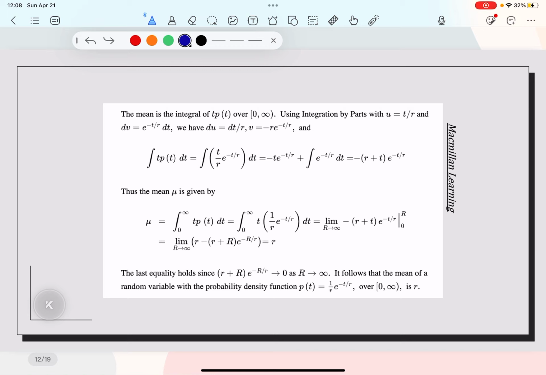Okay, so for this is the book's explanation, but I'll just be walking through it. So the mean is the integral of t over 0 to infinity, which is why, do I have a laser? Yes, I do. So multiplying that by the p of t because we're finding the mean, right?